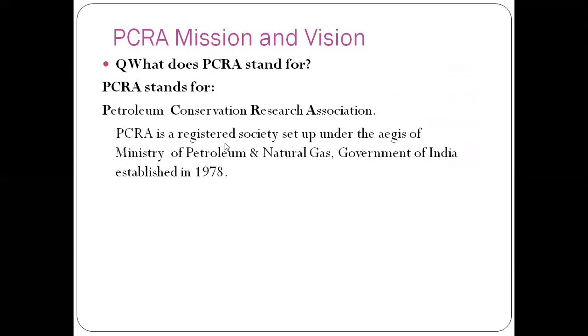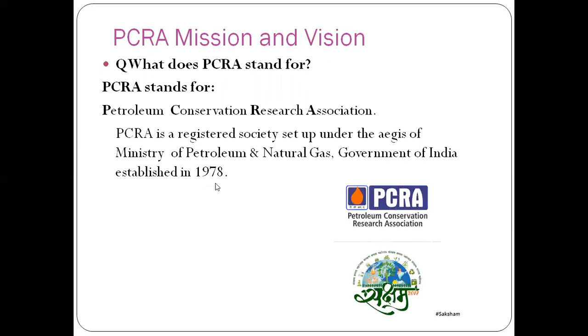PCRA is a registered society set up under the aegis, meaning sponsorship, of the Ministry of Petroleum and Natural Gas, Government of India, established long back in 1978, children. This is the logo of PCRA, Petroleum Conservation Research Association.